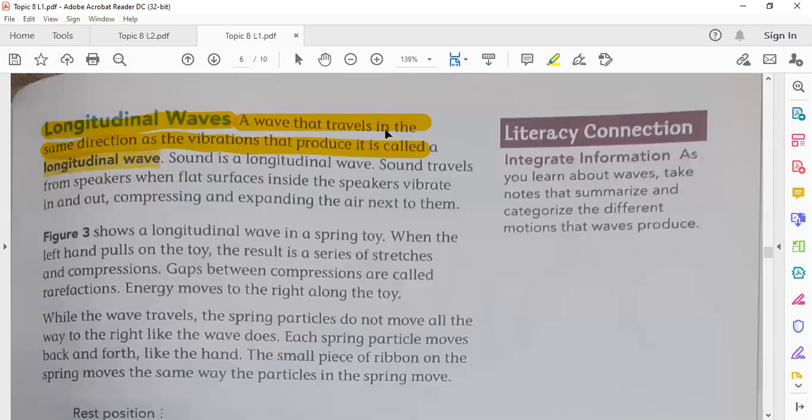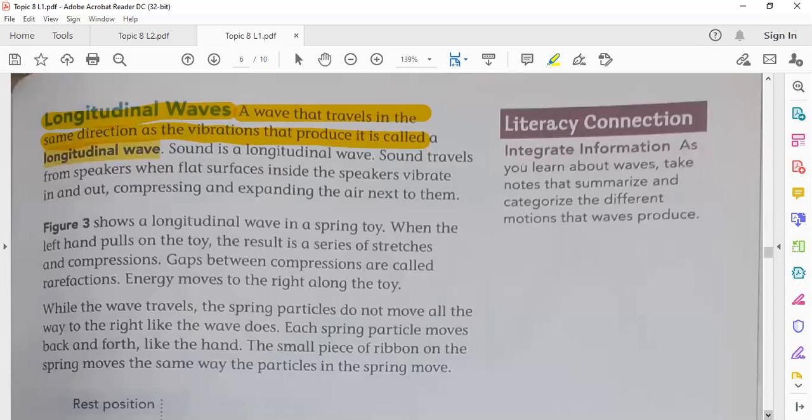So a wave that travels in the same direction as the vibrations that produce it is called a longitudinal wave. Sound is a longitudinal wave. Sound waves are longitudinal waves. Look here.